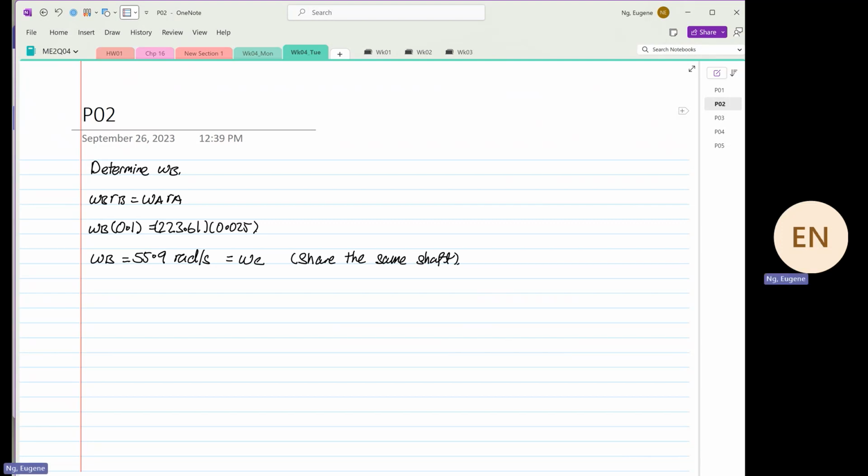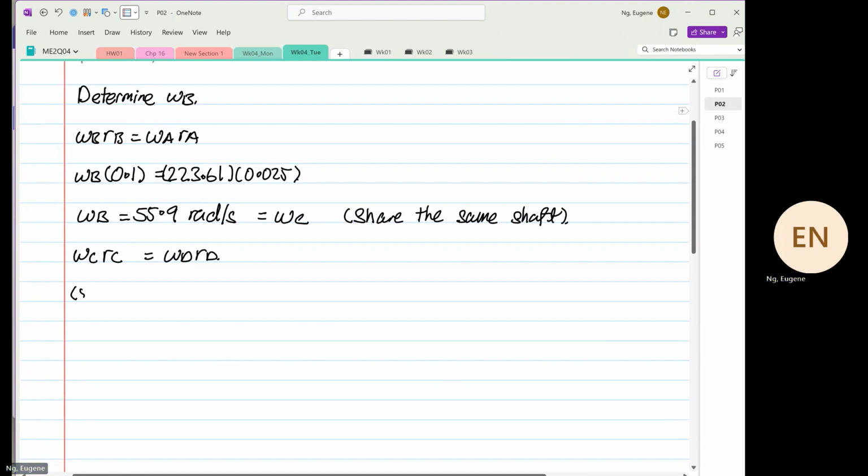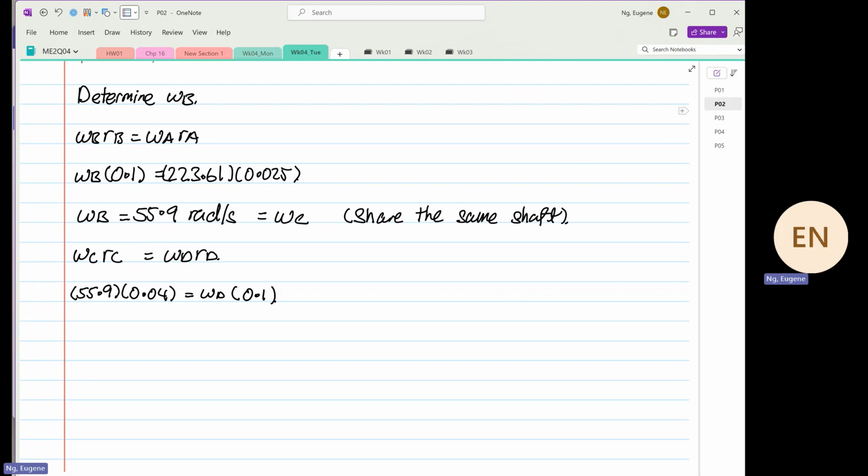So we're almost done. So we know that omega C, rC is equal to omega D, rD, right? So over here, we get 55.9, let me zoom in a bit, I apologize, multiplied by rC, which is equal to 0.04, is equal to omega D, and rD is equal to 0.1.